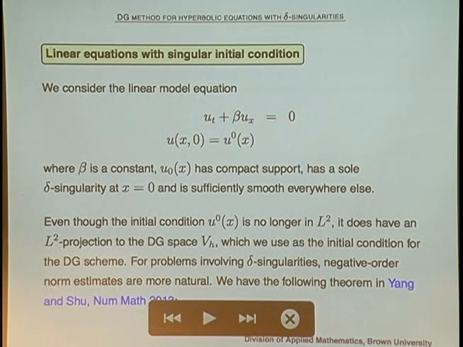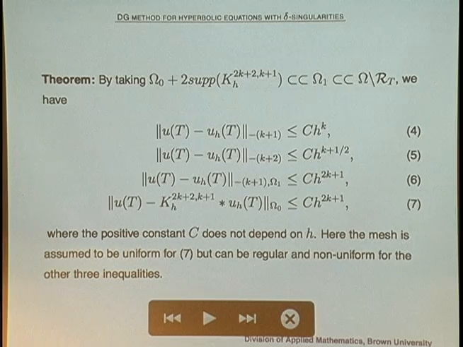The exact solution actually contains delta singularities. So in strong convergence, you cannot say much, but in weak convergence, for example, at final time T, u(T) minus u_h(T), where u(T) is the exact solution of the PDE and u_h(T) is the DG solution, if you measure this in a negative Sobolev norm, which is defined by integrals, then you can actually have high order.